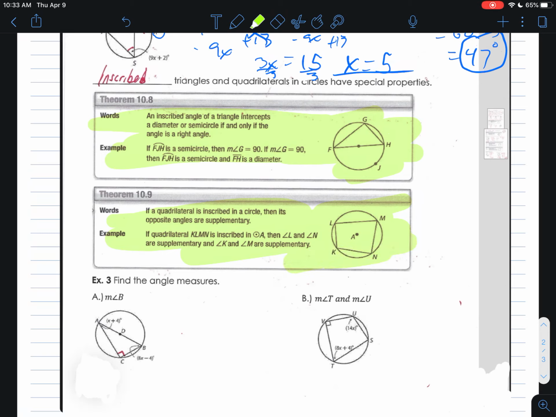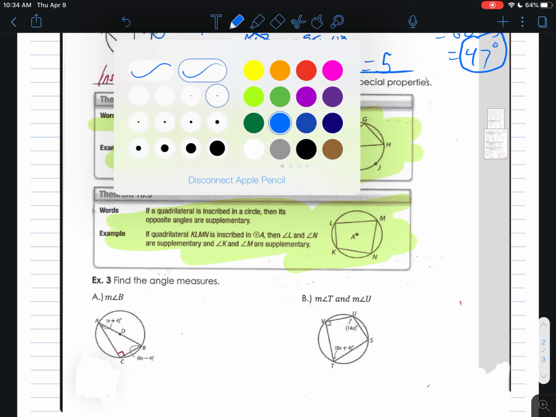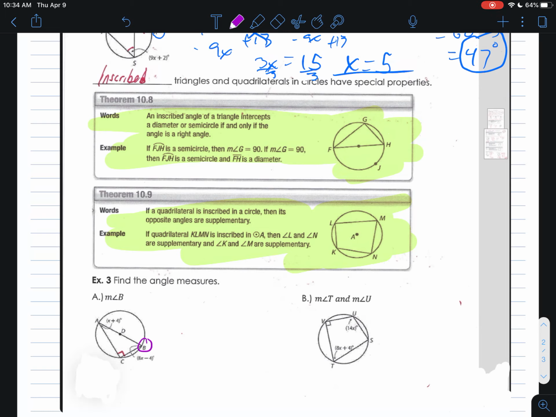So, we have to understand, in this problem, we're looking for the measure of angle B. So we have to notice this 90-degree angle right here. We have a triangle here. So that means that the measure of angle A plus the measure of angle B has to equal 90 degrees.